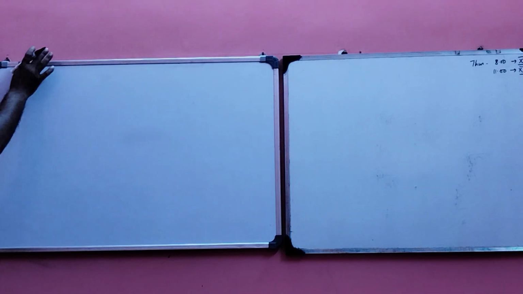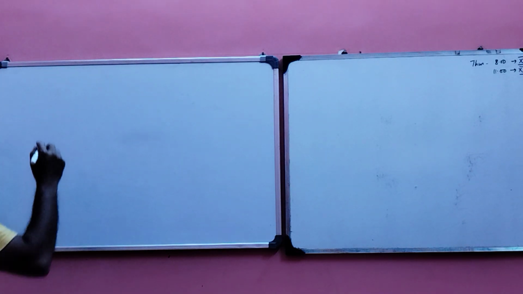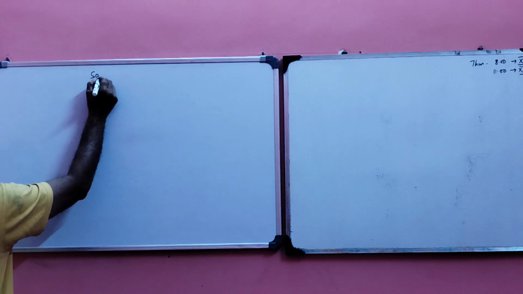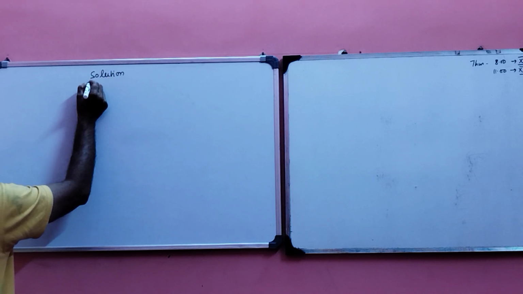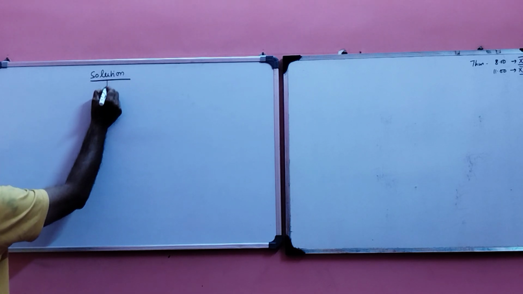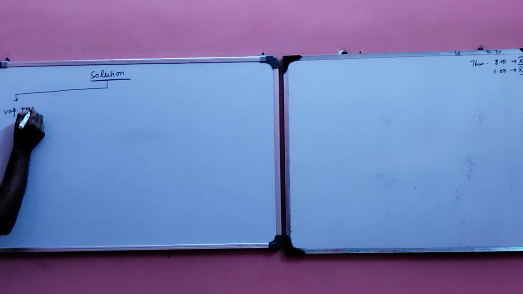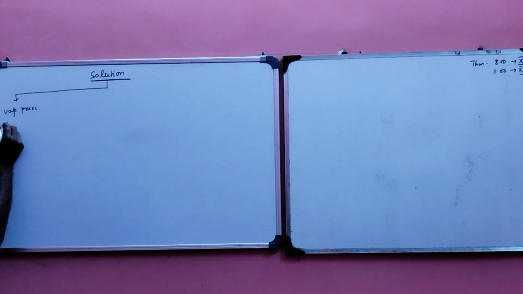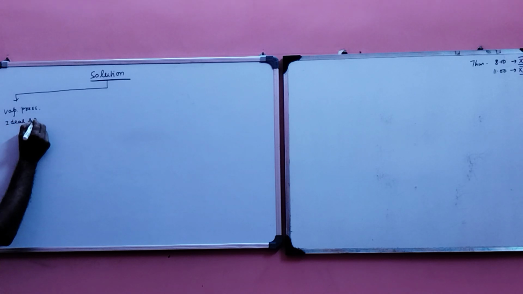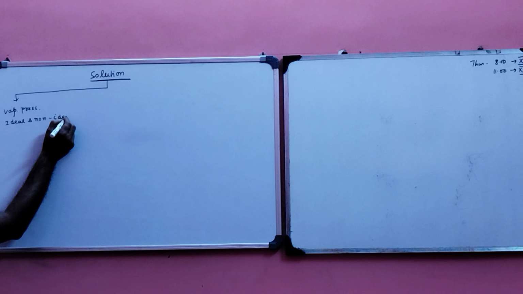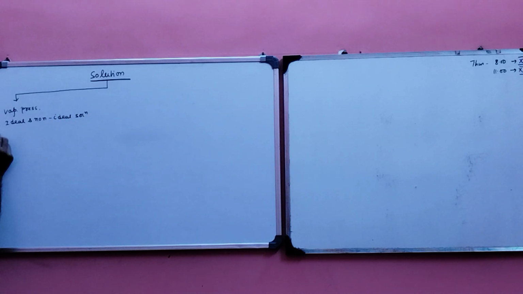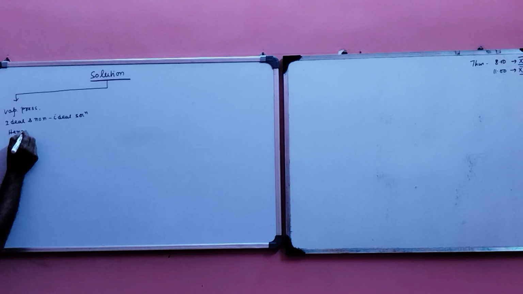Before we start the chapter solution, first you have to know some important terms which are related with solution. Actually, the solution chapter is divided into three main portions. First portion is totally related with vapor pressure, ideal and non-ideal solution, then Henry's law and azeotropic mixture.